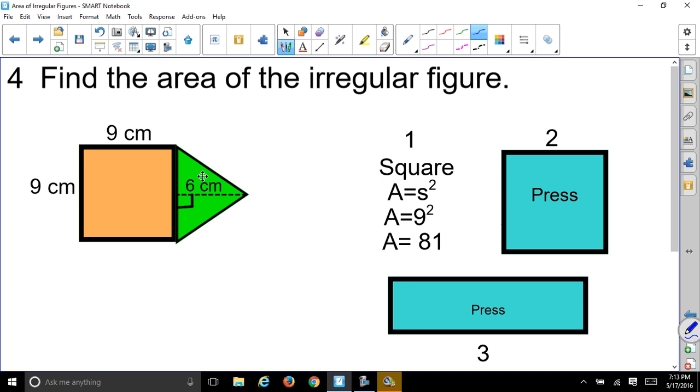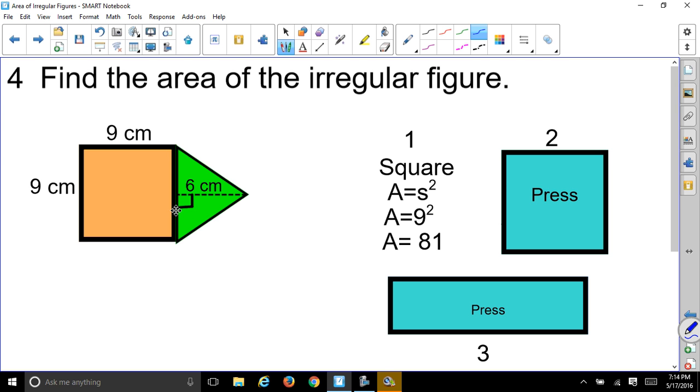Now let's take a look at the area of the triangle. Now the triangle, I notice, doesn't have a base given, because it's base times height divided by 2, or 1/2 base times height. Now I notice the side of the square happens to coincide with the side of the base of the triangle here. So I'm going to tell you that since all the sides of a triangle are the same, then the base of this triangle here is also going to be 9 centimeters.